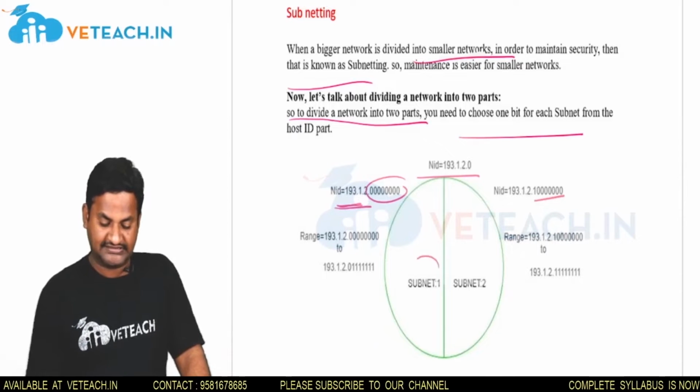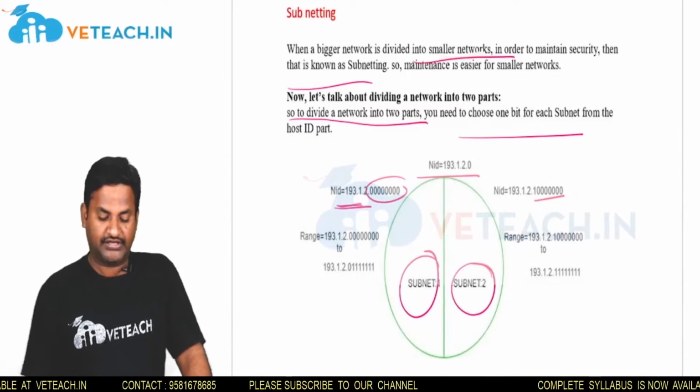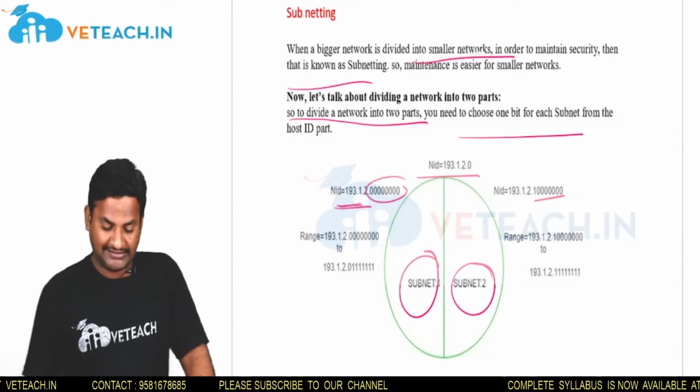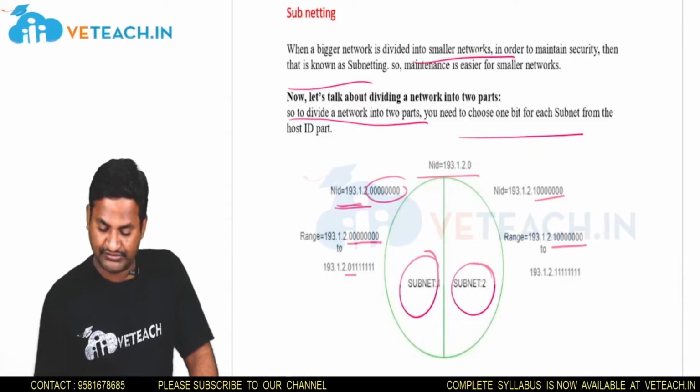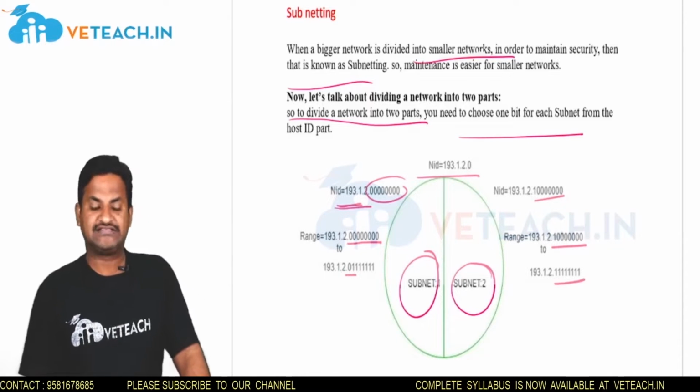Next, this is subnet 1, this is subnet 2. We have to choose the address from 0 to 1.